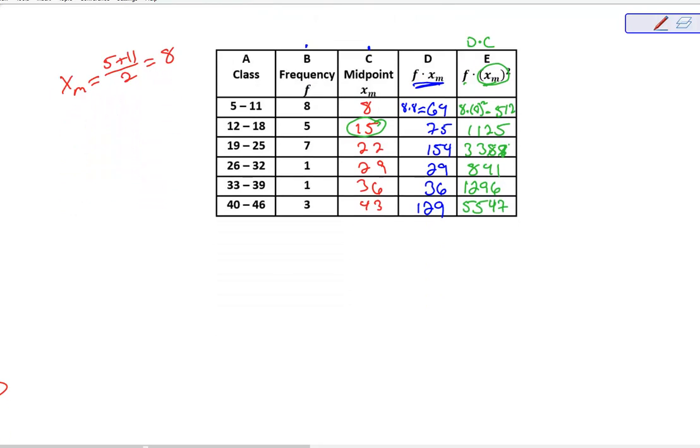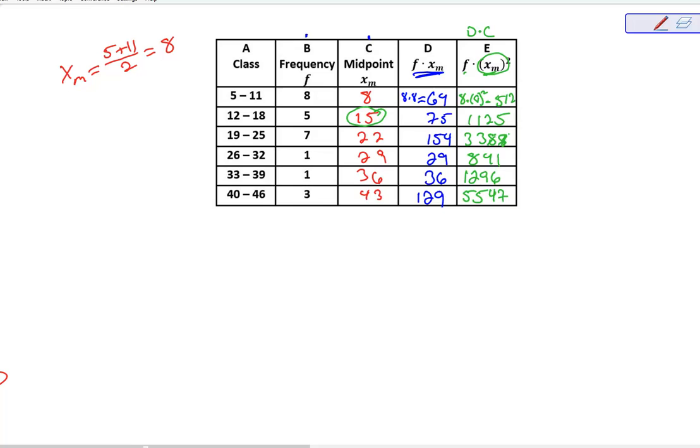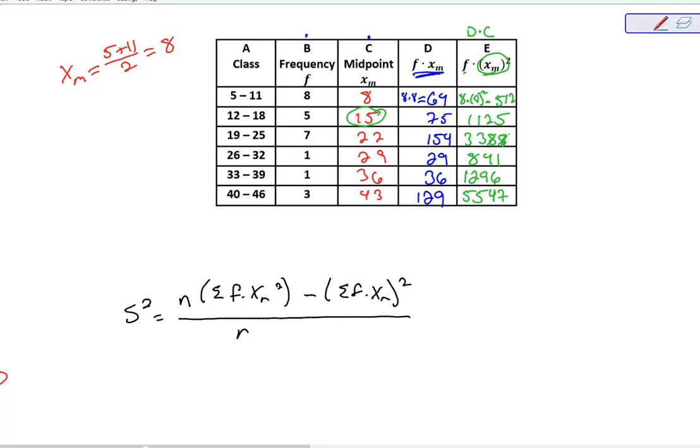so now the question is, what do we do now? Our formula for variance, let me move that down a little bit, says this: n times the sum of f times midpoint squared minus the sum of f times midpoint, that quantity squared, divided by n times n minus 1.